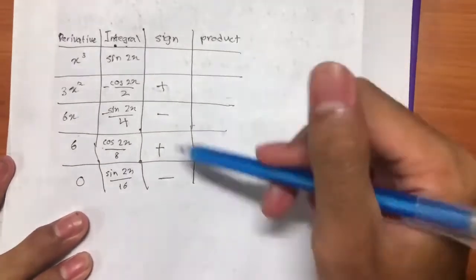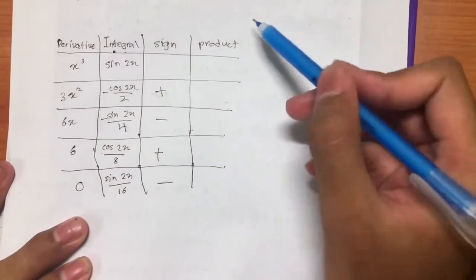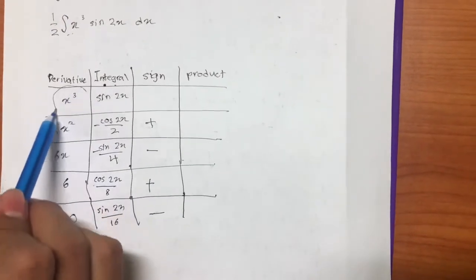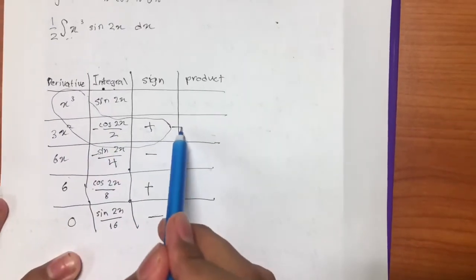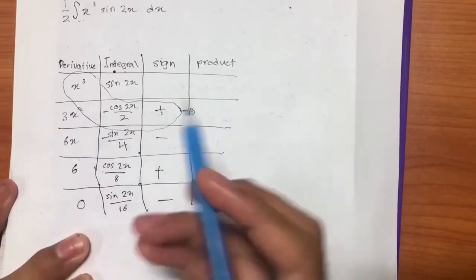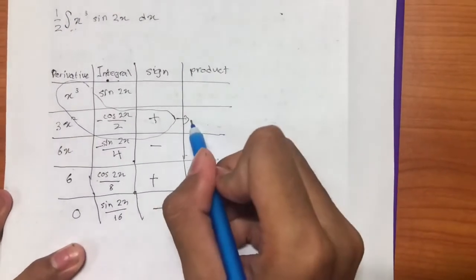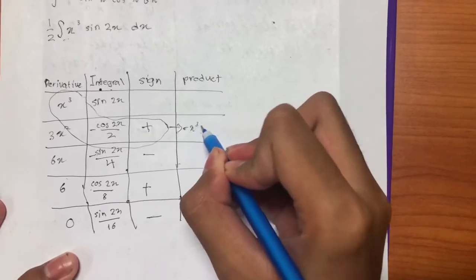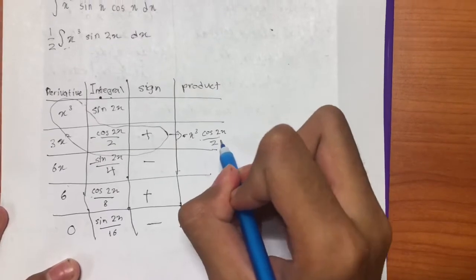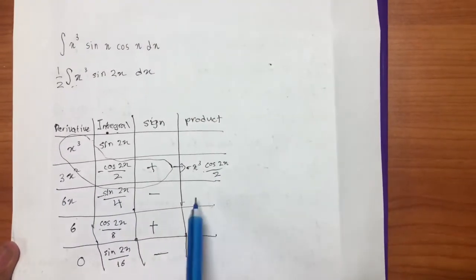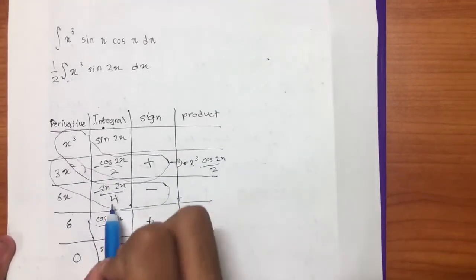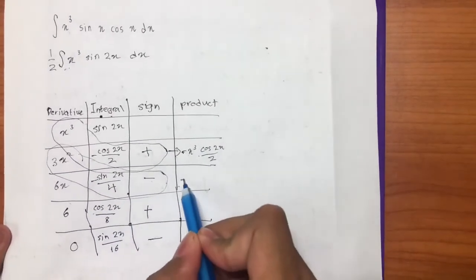So for the product, we will multiply these things to become this. So for this box, it becomes negative x cubed cos 2x over 2. So for the next box, it is the same, this one. So negative and negative become positive.